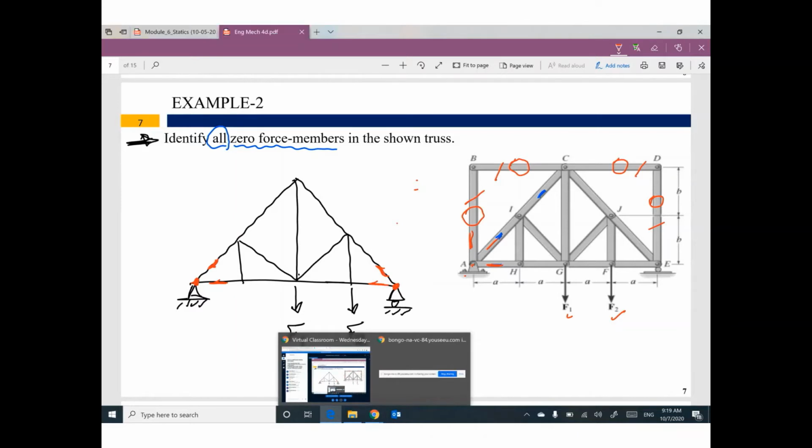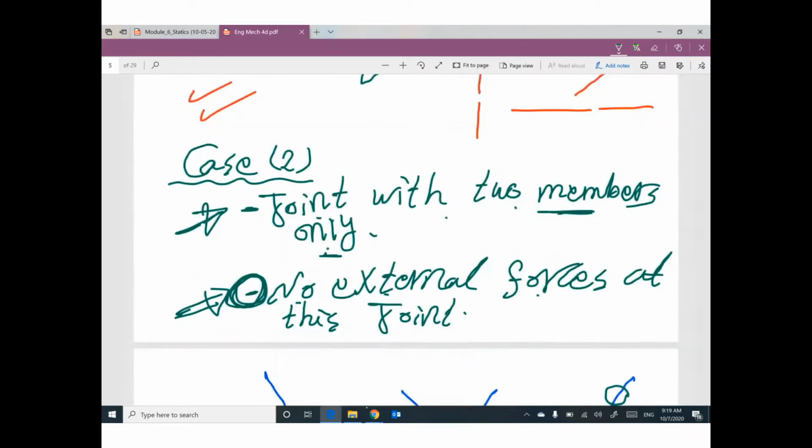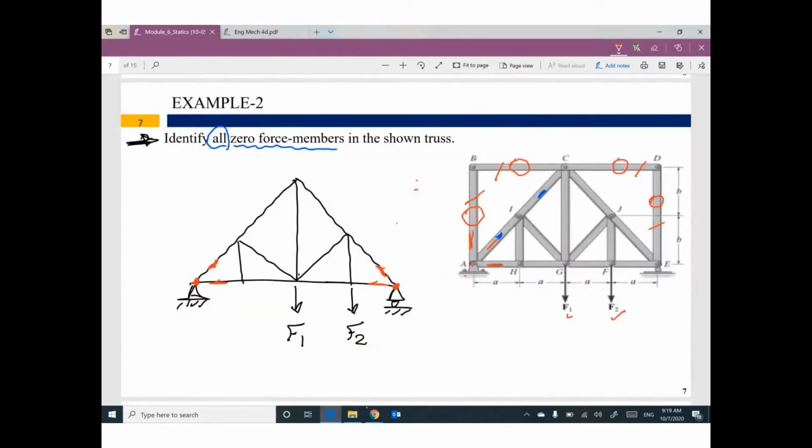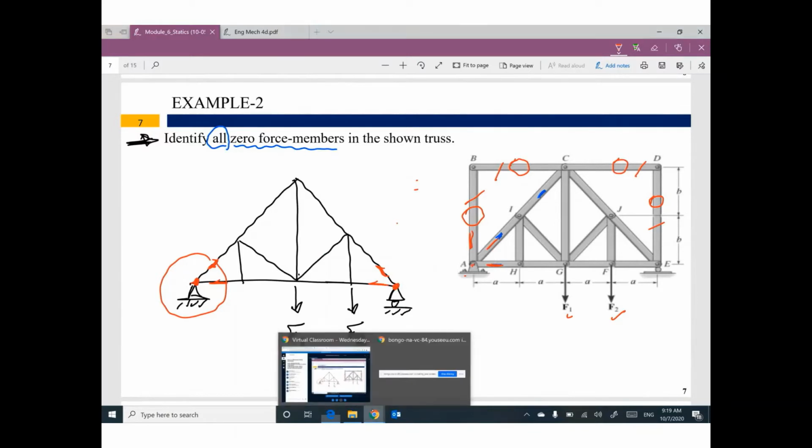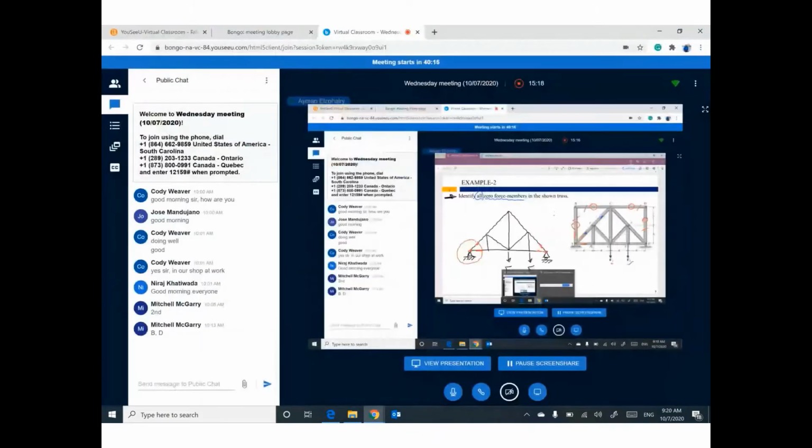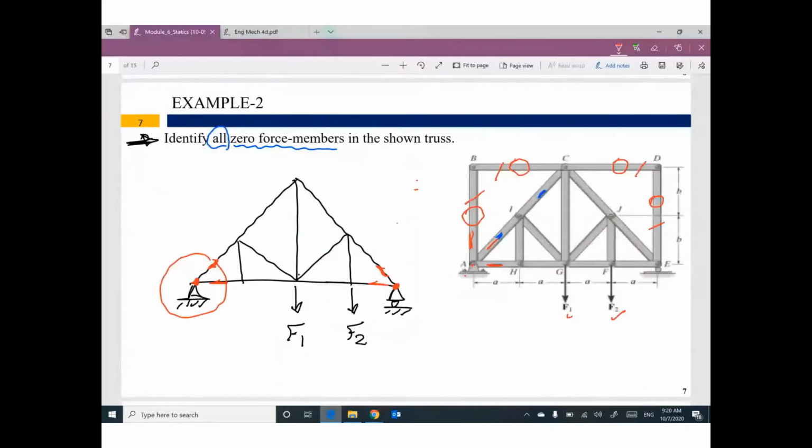Joint with 2 members only. Please go ahead and check the second condition: no external forces at this joint. Do you think we have external forces at this joint? Yes or no?